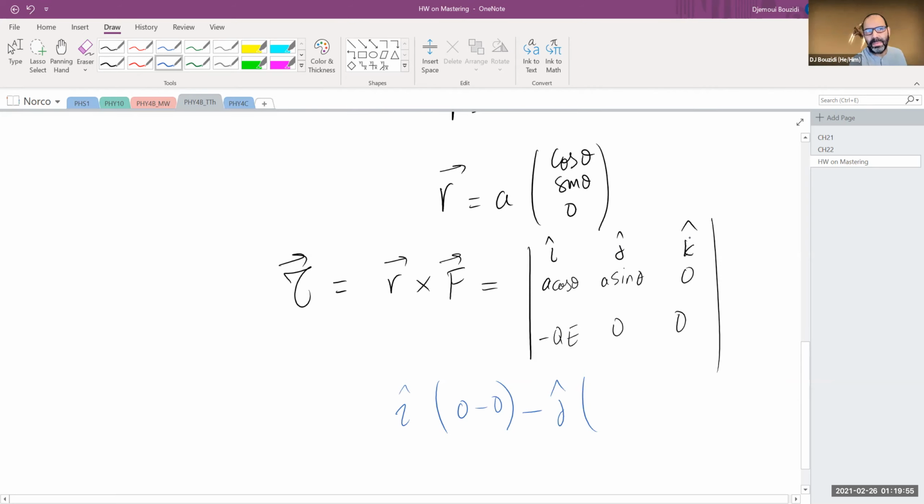Question C, determine the torque on the rod about its center when theta is greater than pi and less than 2 pi. You guys know the answer to that. How much torque when this whole theta now becomes more than 180 degrees? How much is the force in that region?